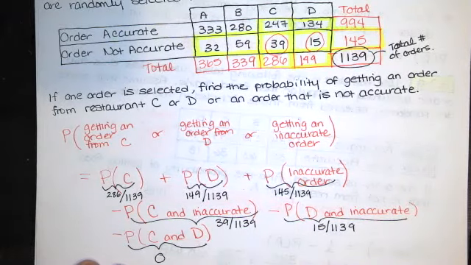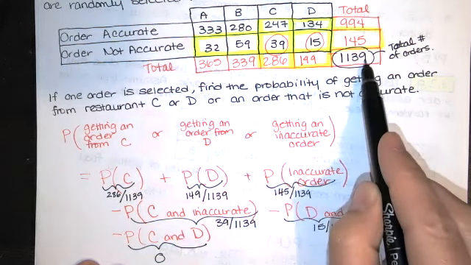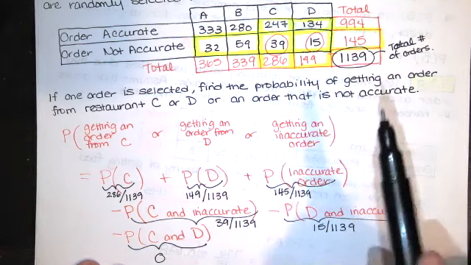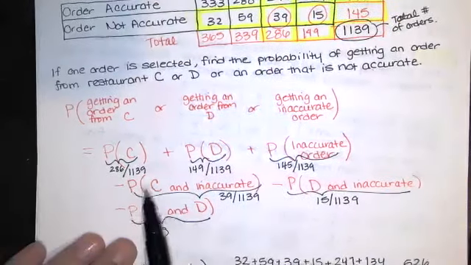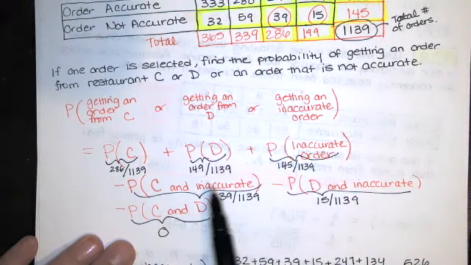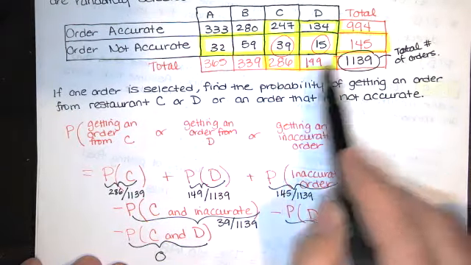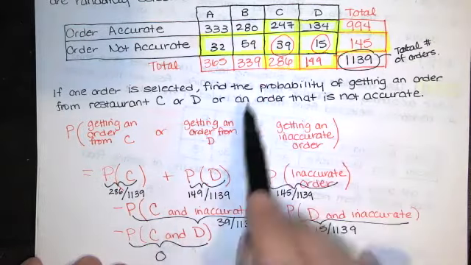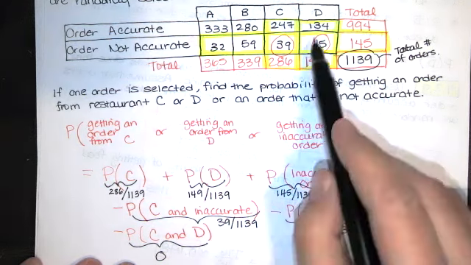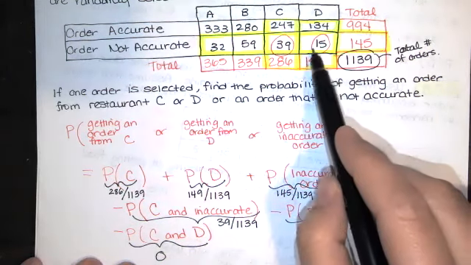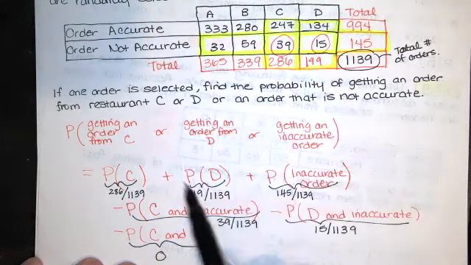But then we say, okay, in doing that, there were some entries that we counted twice. It was this guy and this guy. So we have to subtract the probability of choosing an order from restaurant C that happens to be inaccurate. So we're going to subtract that 39 over this because we accidentally added it twice. We counted that 39 both here and here. And then we want to subtract the probability of choosing an order from restaurant D that's inaccurate because we counted those 15 twice. We counted those 15 here and here.